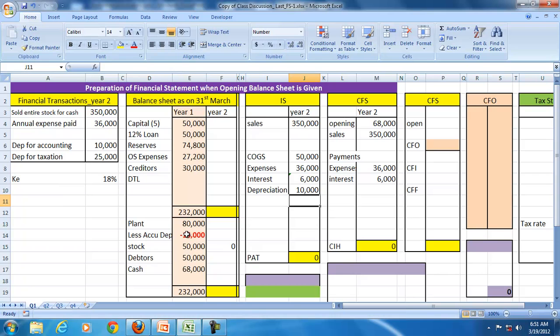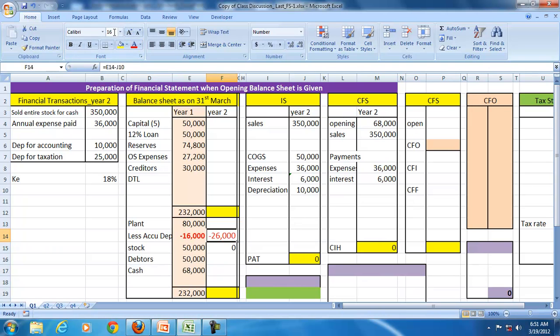Depreciation is not a cash outflow but a reduction in the assets. So the reduction in asset will appear in the form of accumulated depreciation. So depreciation is 10,000 here and 26,000 in the form of accumulated depreciation.